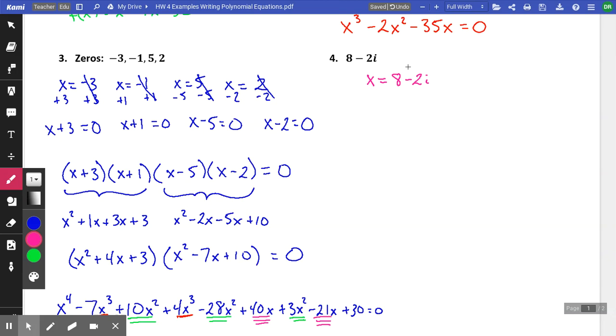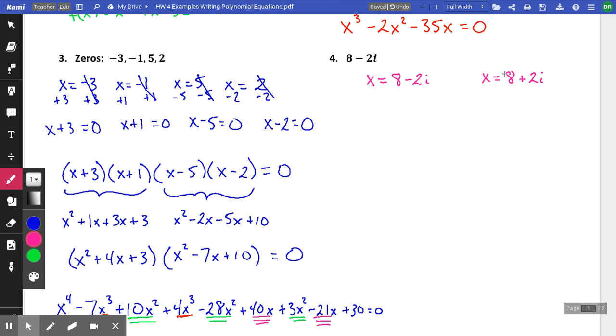It's anytime you have an imaginary, you should also have its counterpart called the conjugate, meaning you should have both the positive and the negative imaginary value. So if you have 8 minus 2i, you should also have a solution of 8 plus 2i. And this is always going to happen because of our rules with square root, which creates a positive and negative solution.